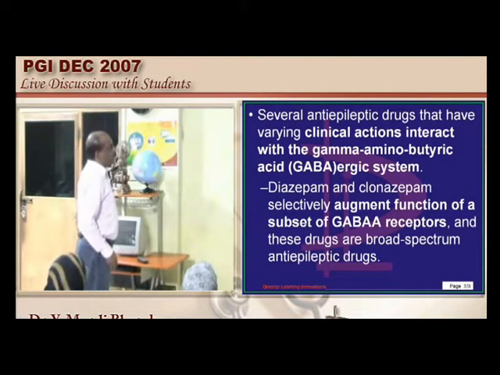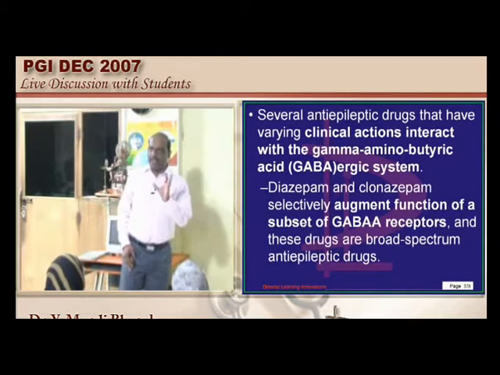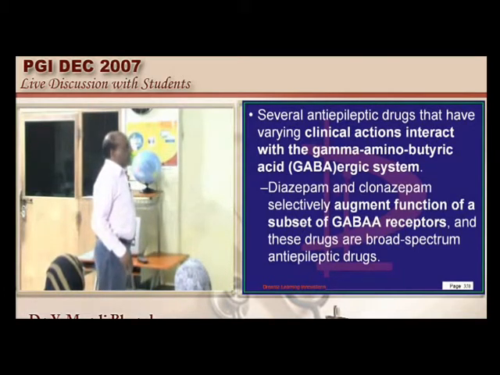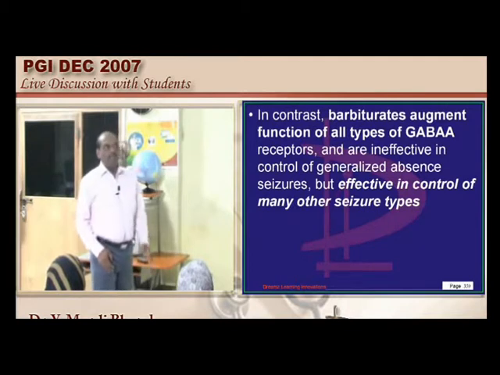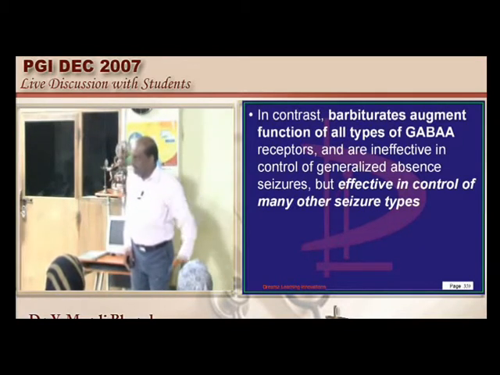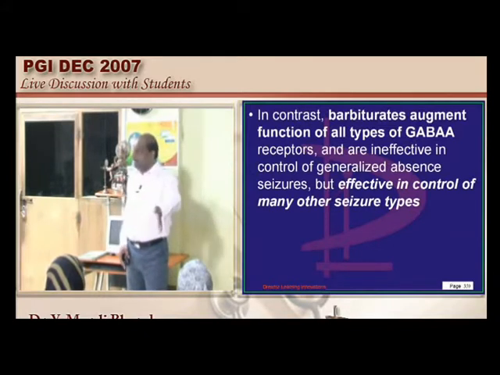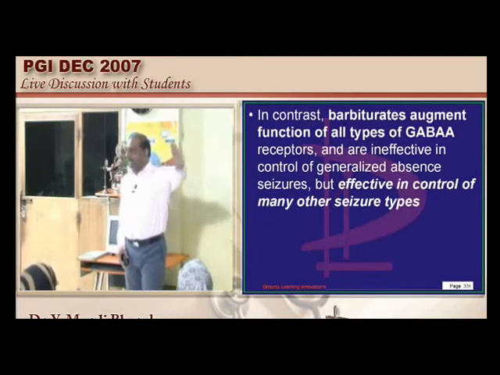Then a lot of anti-epileptics have an ability to stimulate the release of GABA, which is the inhibitory neurotransmitter. Diazepam and clonazepam are the ones typically belonging to this important group. Now the question comes, barbiturates, phenobarbital also is an anti-epileptic, and diazepam, which is a benzodiazepine, is also an example of an anti-epileptic.